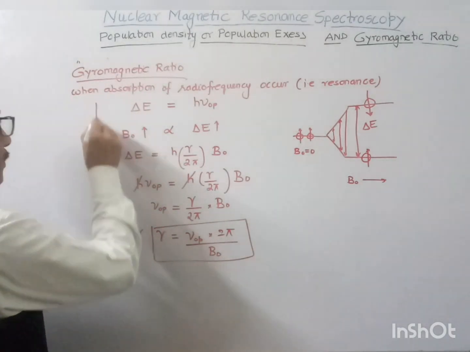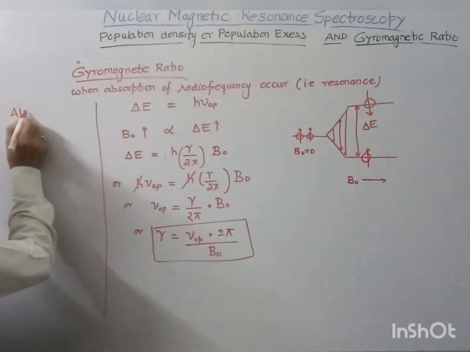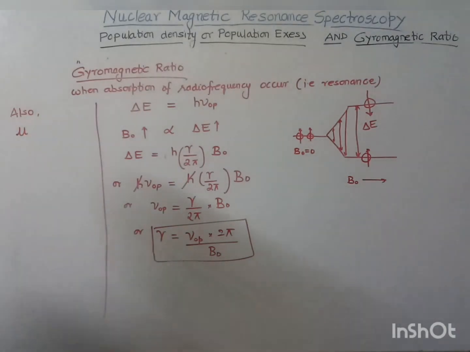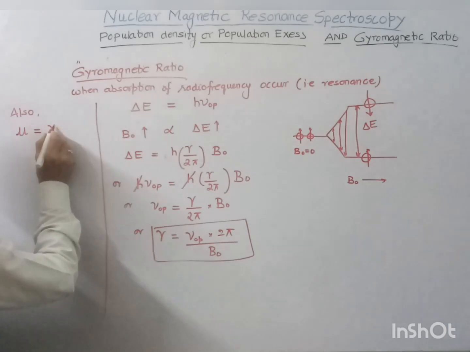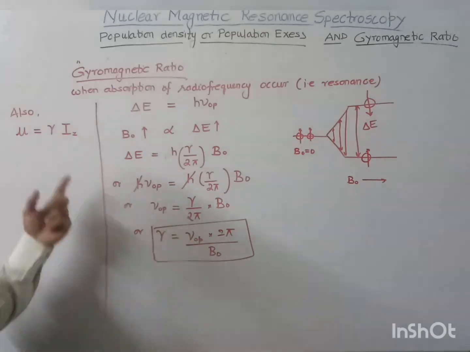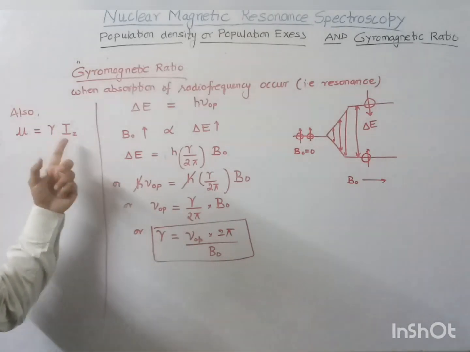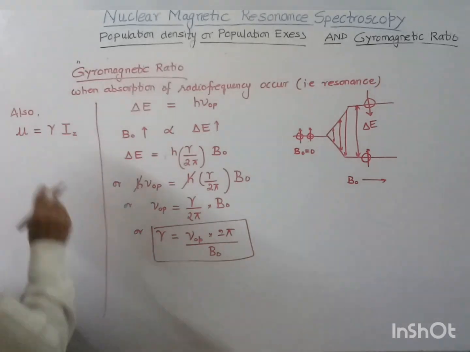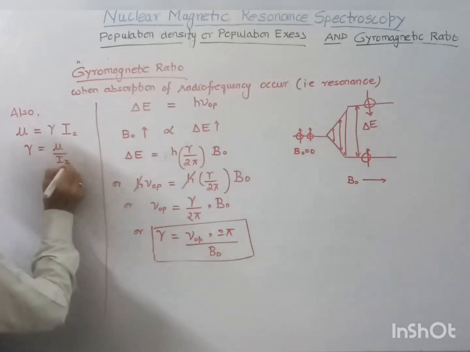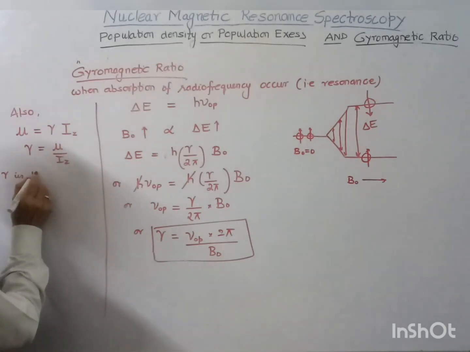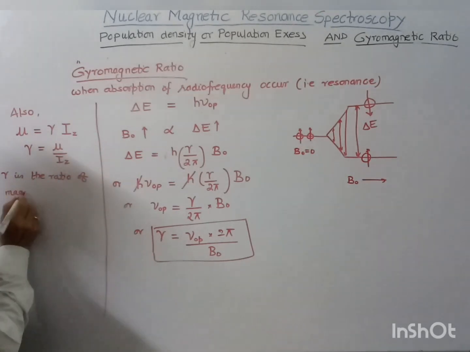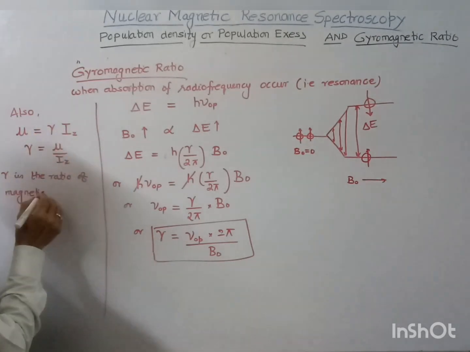Also, this is one of the relations. This magnetic moment is equal to gamma multiplied by Iz, where Iz is the angular momentum. So gamma is equal to mu upon Iz, or we can say gamma is the ratio of magnetic moment to angular momentum, and we are not going to discuss much more about this relation.